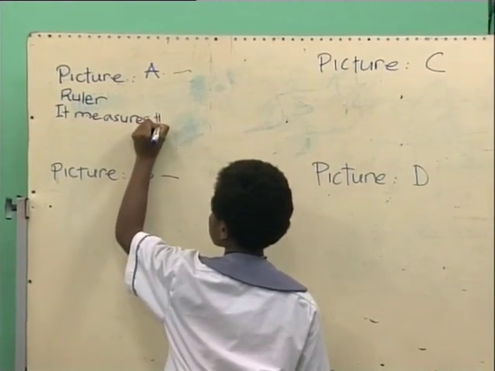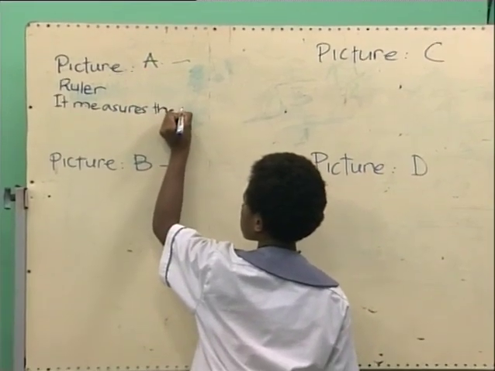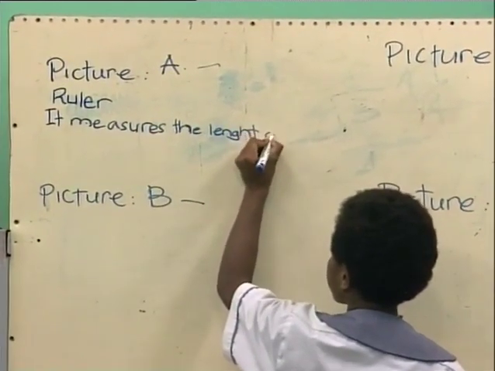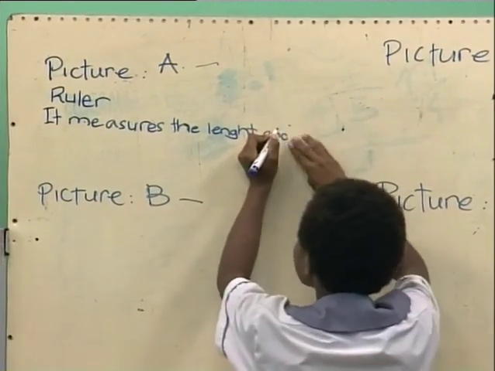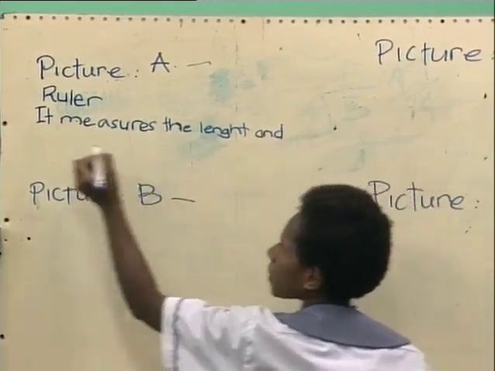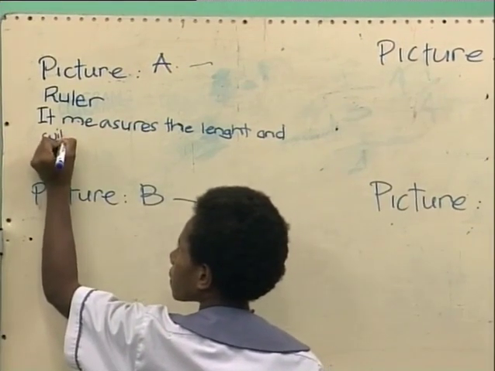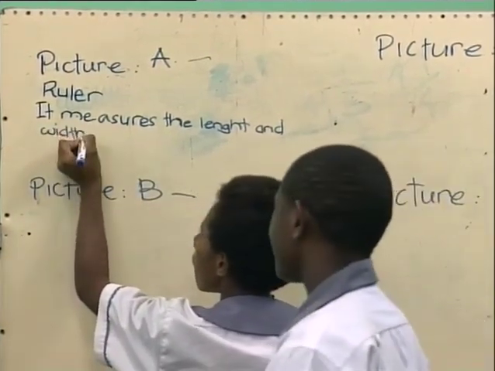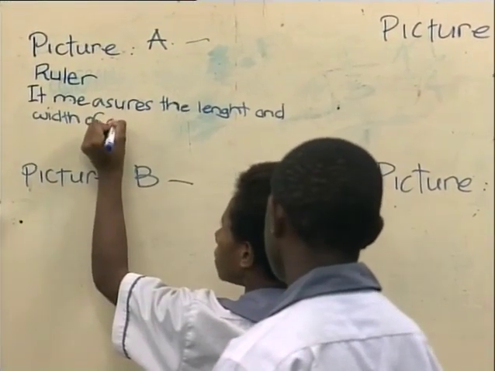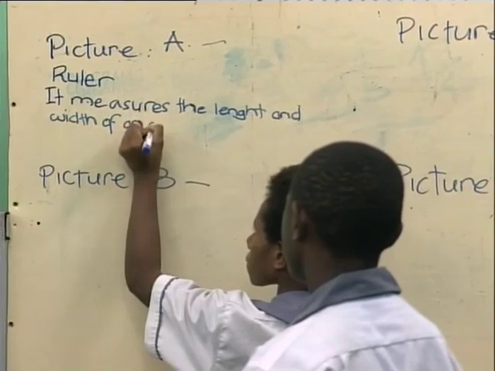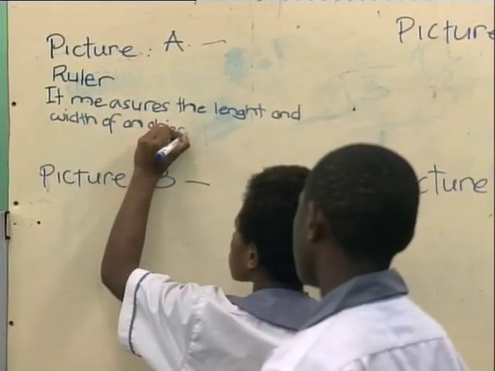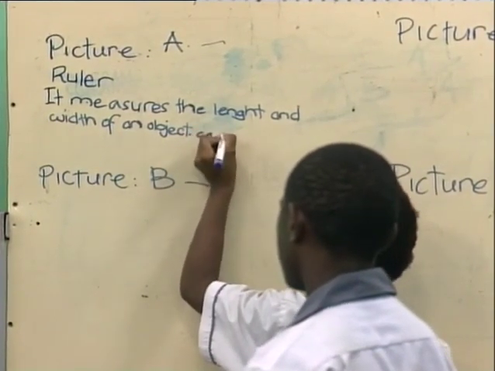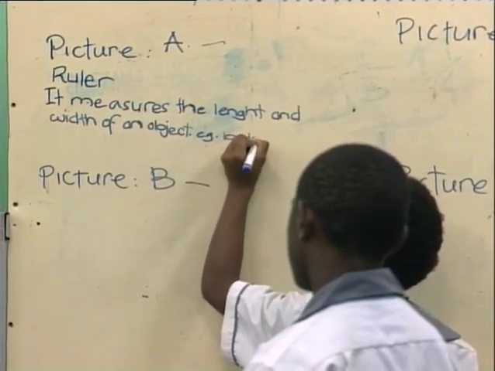While she's writing, who's going to be the next person for picture 2? Colin, picture 2. Just a minute, we wait for you.